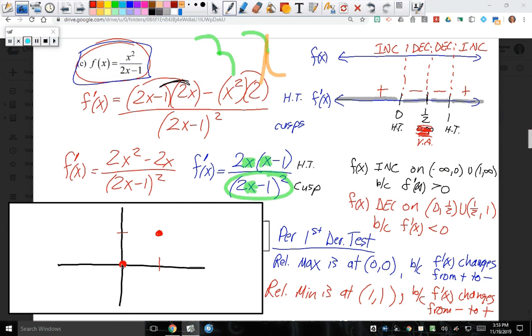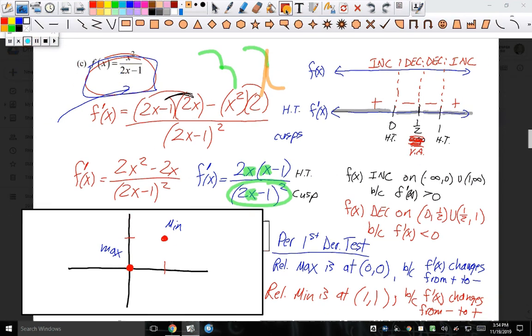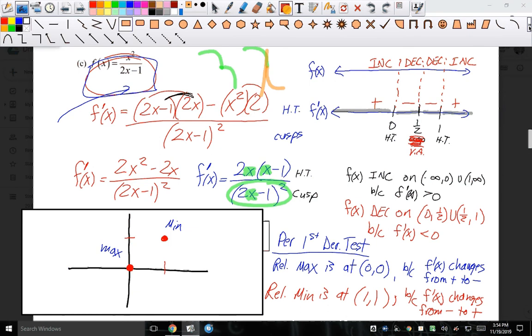And 0, 0 is the max. 1, 1 is a min. I know that looks weird already. But the way it's going to work is when we identify that my vertical asymptote occurred where? At 1/2. At x equals 1/2 is where I had a vertical asymptote appear.